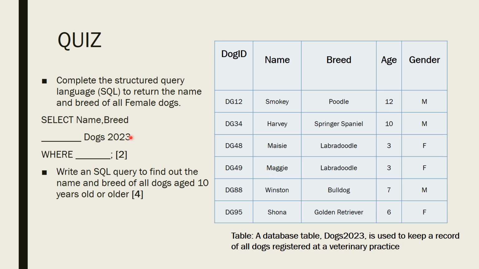This is your table, and complete the structured query to return the name and breed of all female dogs. So they are expecting us to return the name and breed of all female dogs.